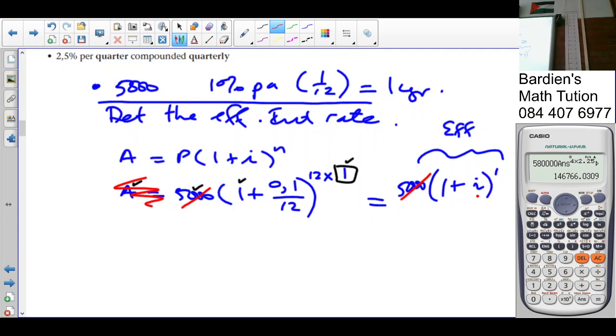Let's say this could have been any amount here. It could have been compounded quarterly, compounded daily, or compounded weekly. So the compounding there could have been anything. Let's call it an M for now. So if that is an M, that would have been an M as well. Not so?